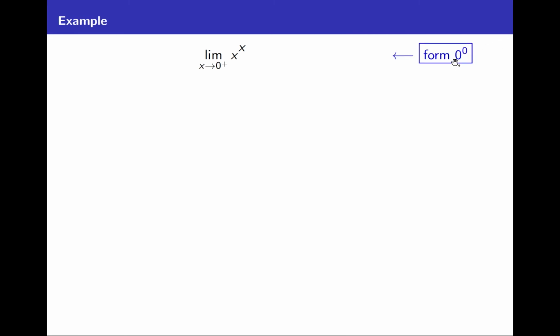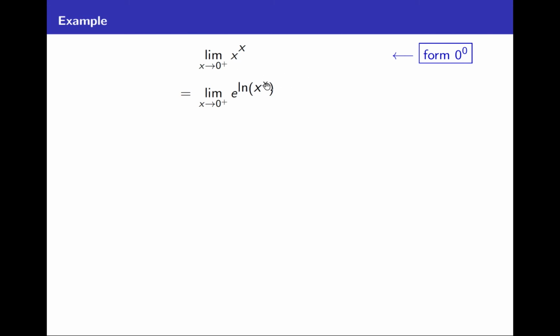Now that is definitely form 0 to the power of 0. Both x on the bottom and x on the top, they're approaching 0. So we can apply our trick to this indeterminate form. We replace x to the power of x with e to the ln of x to the power of x, since those are equal to each other.